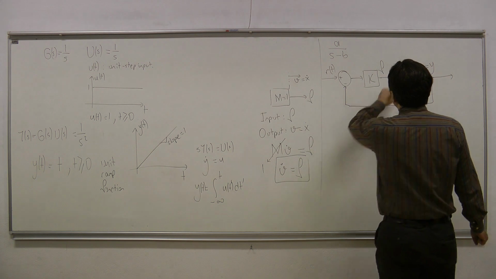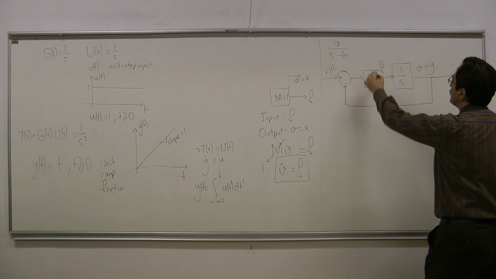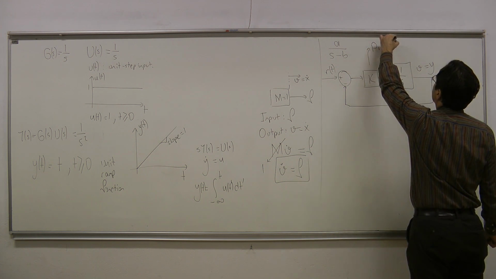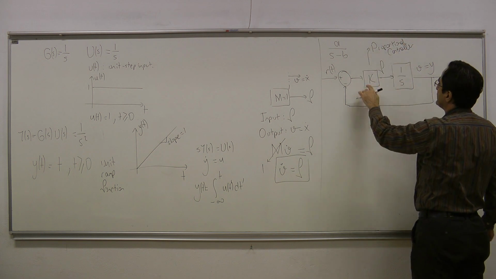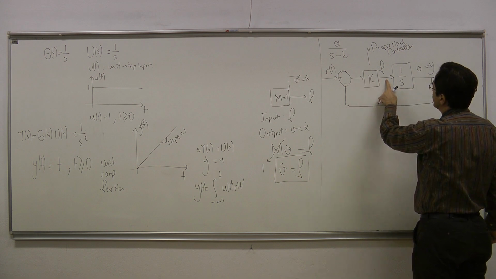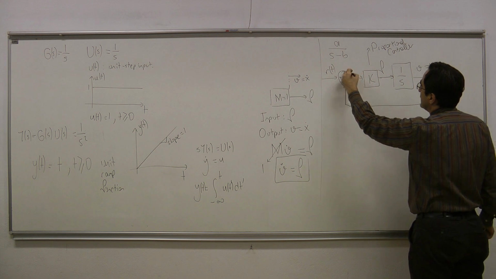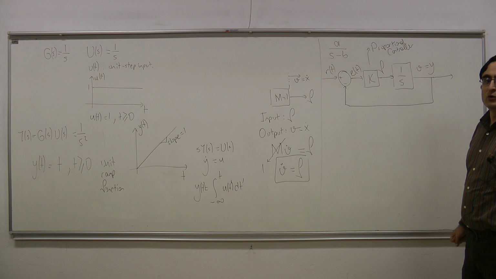So this type of controller here is called a proportional controller in control. It is the system between the error signal and the input of the actual system that we would like to control. This difference, we usually call E of t.